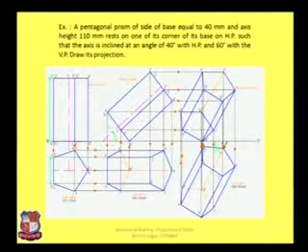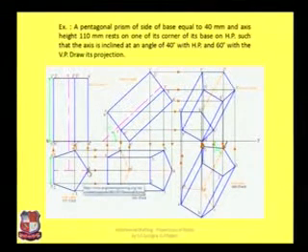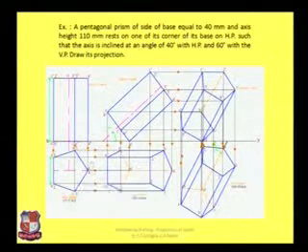This is also another pentagonal prism. Similar condition is given here. Side length is given, height is given. Here it is given that it is resting on one of its corners of its base, that is point D. It is resting on this corner, and that's why I have drawn this pentagon such that this side becomes perpendicular to the XY line.